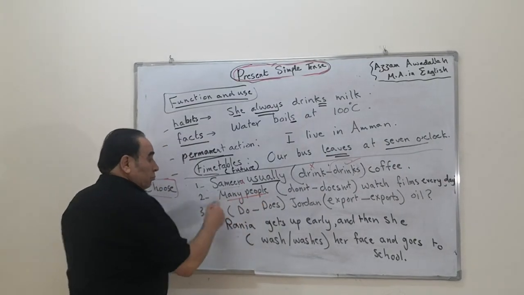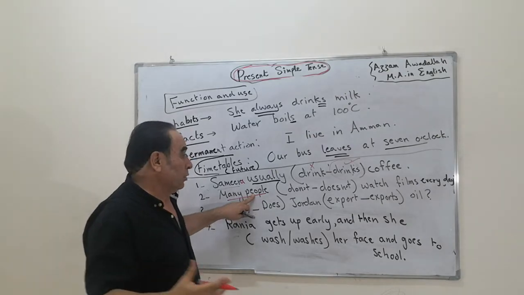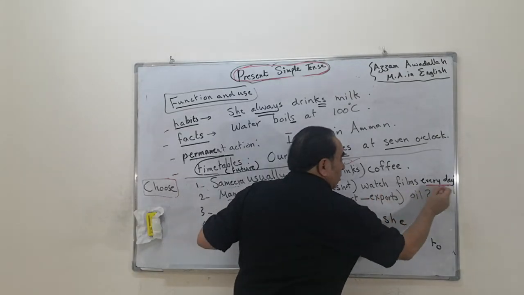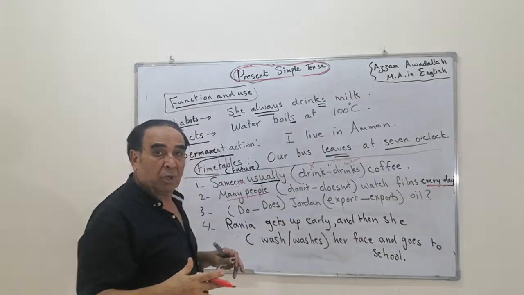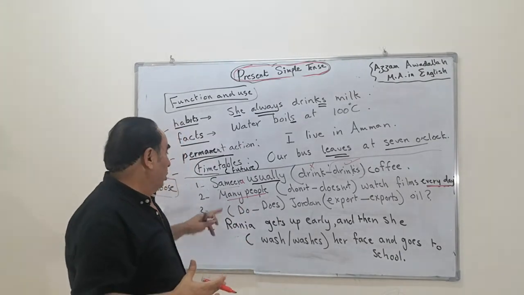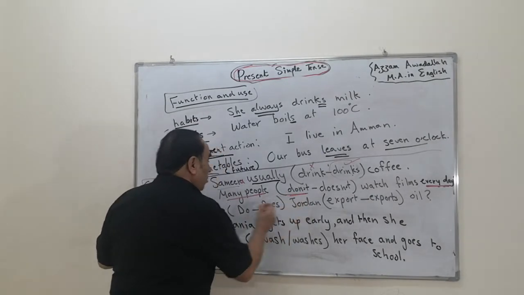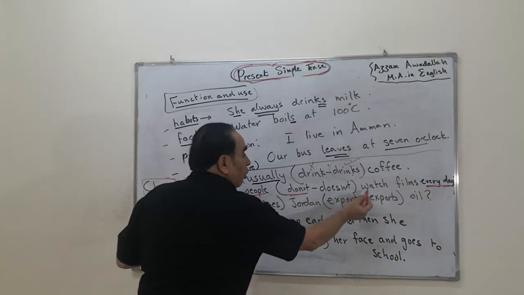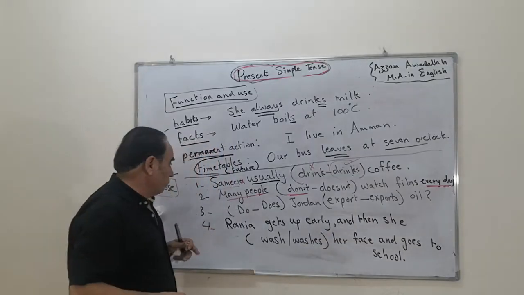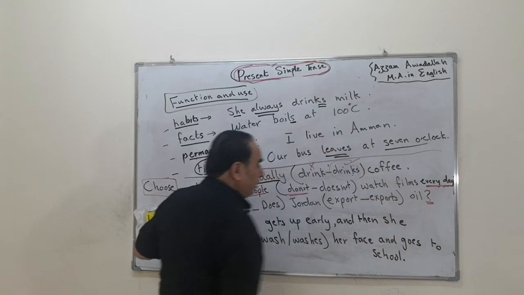Many people is plural. We have every day as an expression of frequency. So many people refers to plural, so we use don't. Many people don't watch films every day. Here we have a question, as you see, this is the question mark.